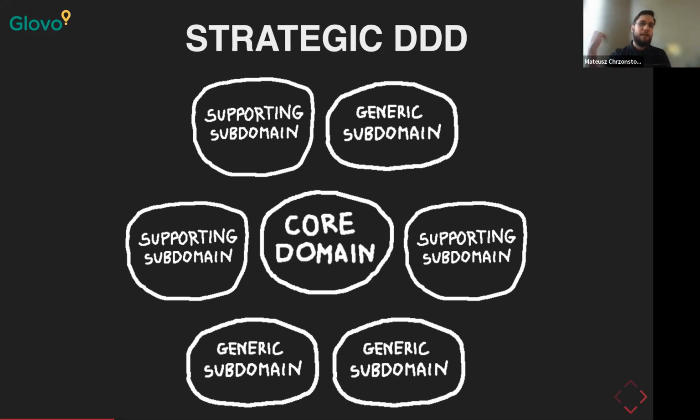You are just using a product like Okta or Keycloak or whatever. For supporting domains, you rather write them, but it's not as crucial in investing. And for core domain, this is the part where you should focus more battle-tested employees. You should make them work on this heavily, and this is something unique for your business.